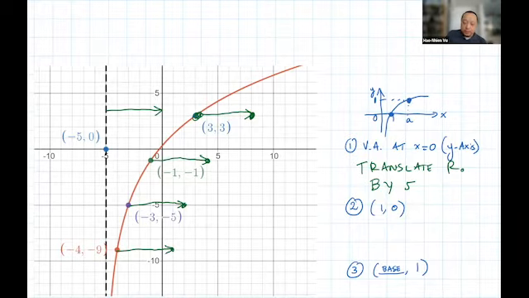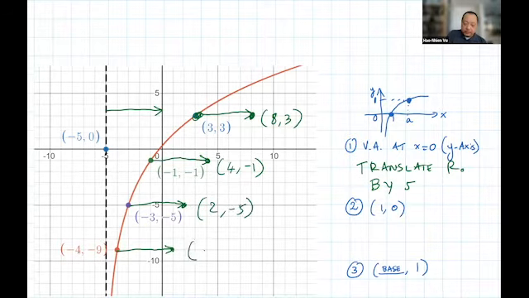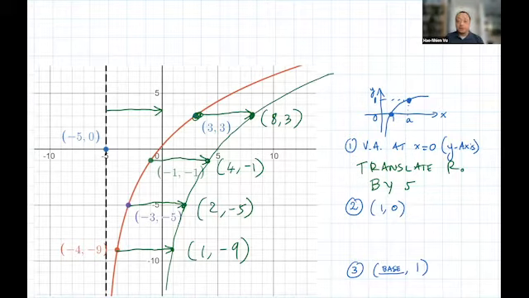I will end up with 8, 3, 4, -1, 2, -5, 1, -9. And I get this new curve. That solved the first step, which is to get the vertical asymptote at x equals 0.